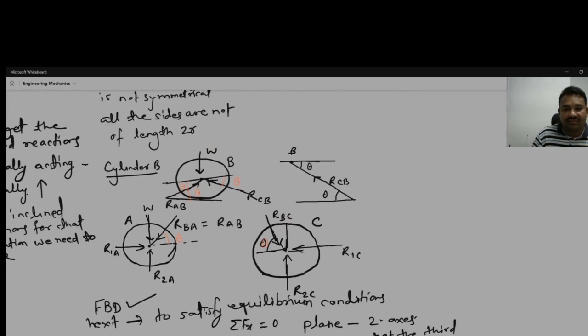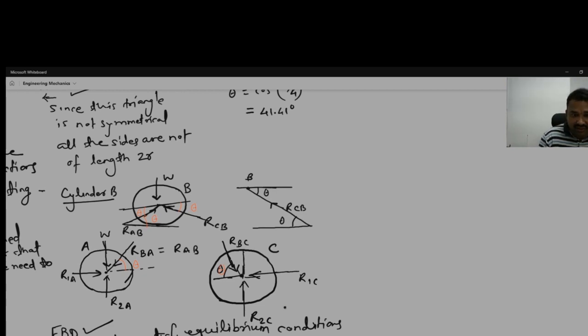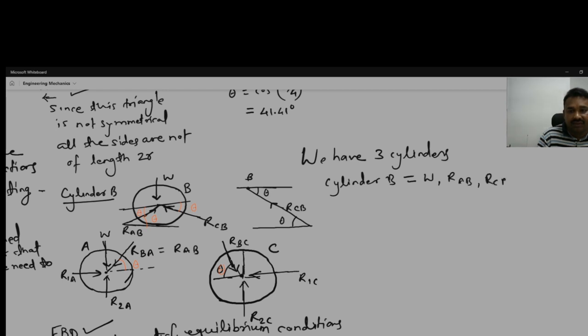And see, we have three cylinders. Let us take cylinder B. How many forces does it have? W, R AB, and R CB.